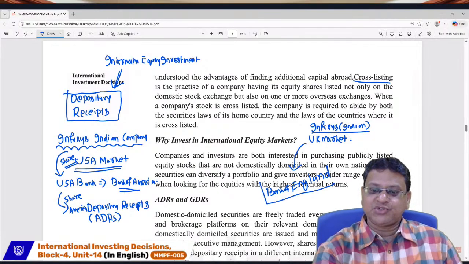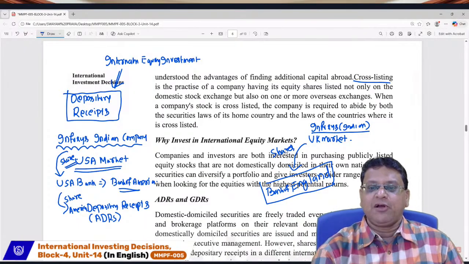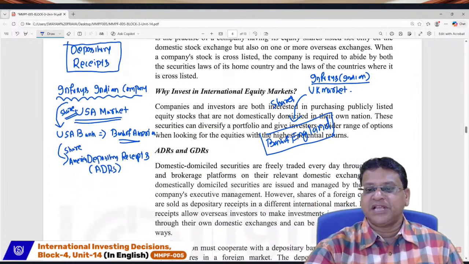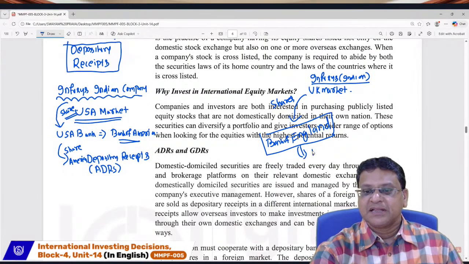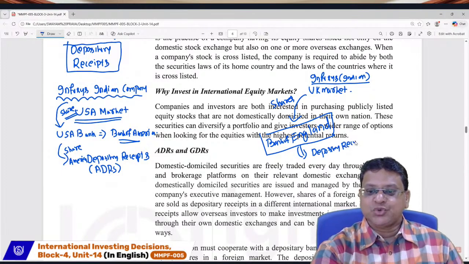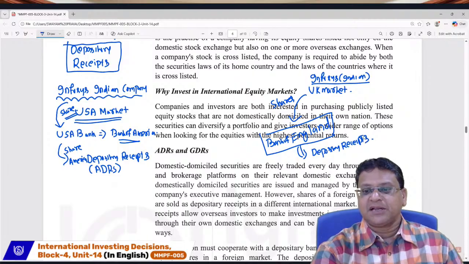It will issue shares to Bank of England, and Bank of England will convert these shares into depository receipts and issue them in the UK market.